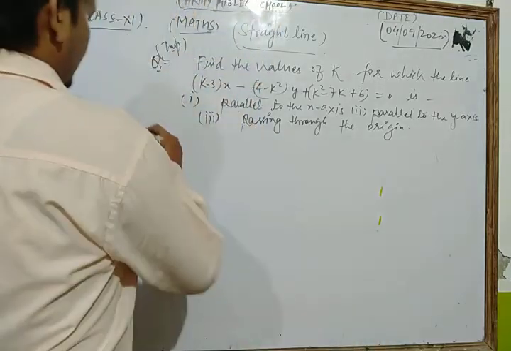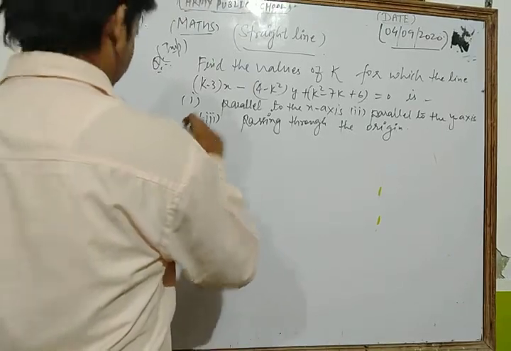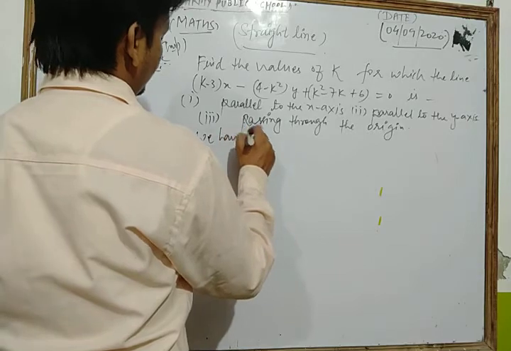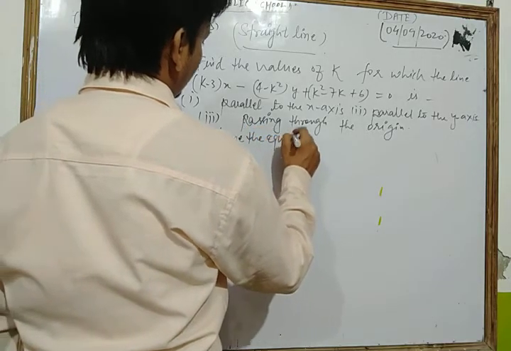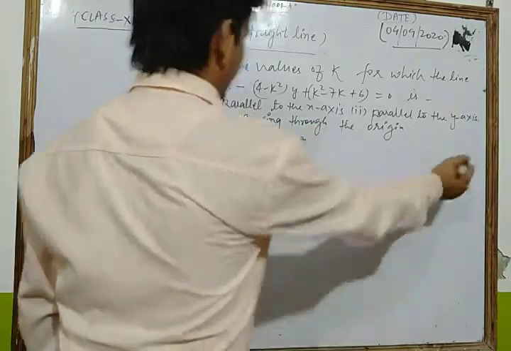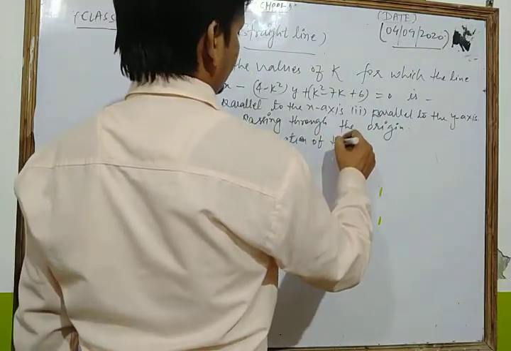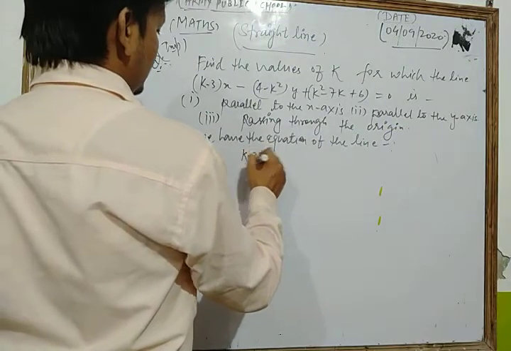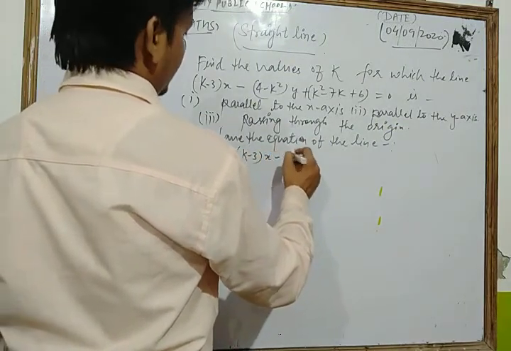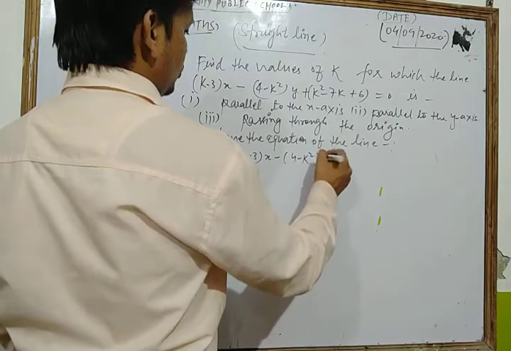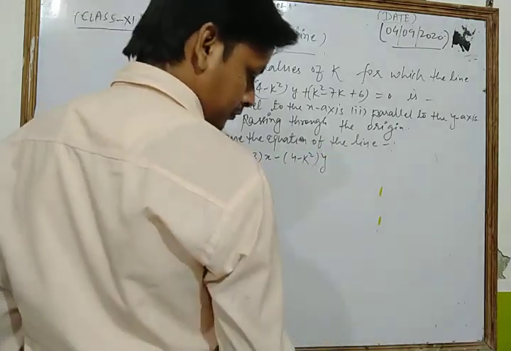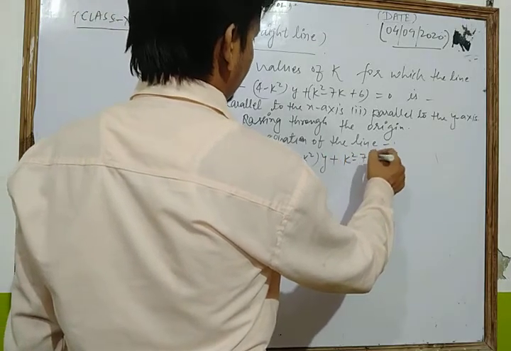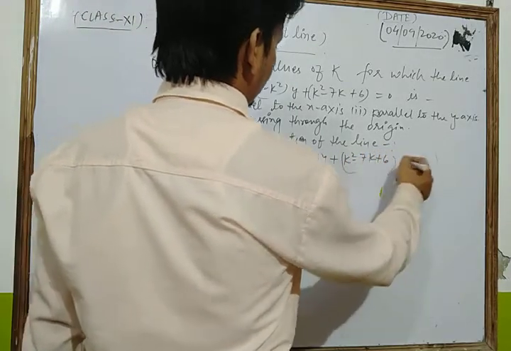Dear student, first of all we write the equation of the line, which is (k minus 3) x minus (4 minus k square) y plus k square minus 7k plus 6 is equal to 0.